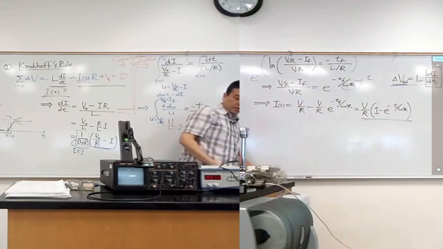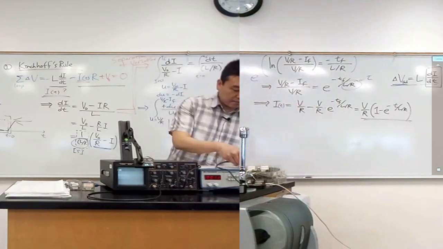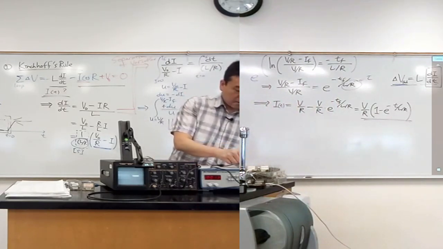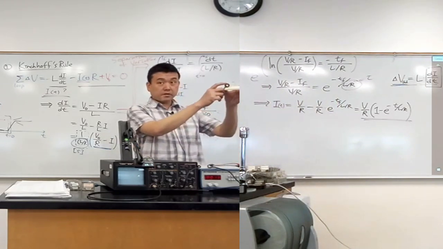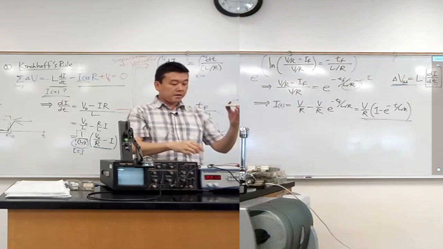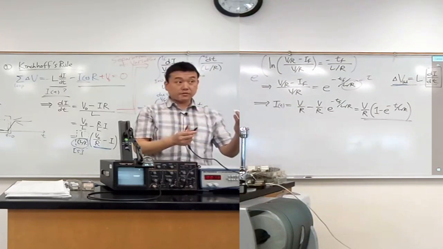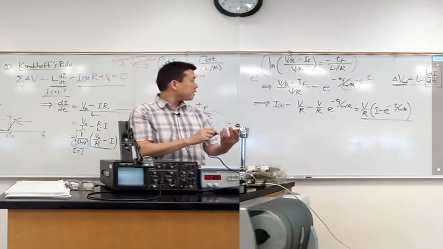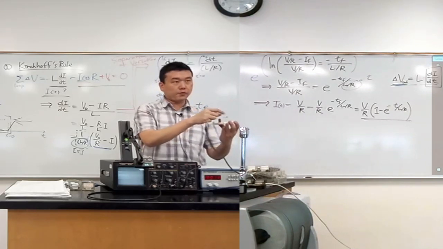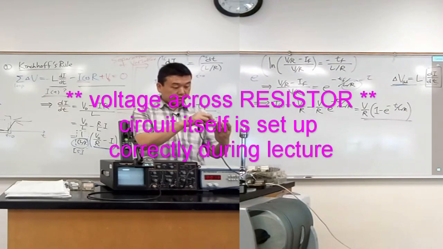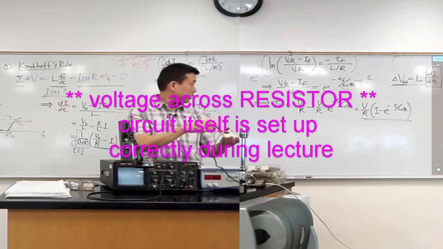So I have this circuit here that I've been building. I have an inductor in series with a resistor, and I'm going to do the same thing I did with the capacitor. When I hook this up, I want to be measuring current, so that means I want to be measuring voltage across the resistor. So let me hook this up this way, across the resistor through the inductor here.